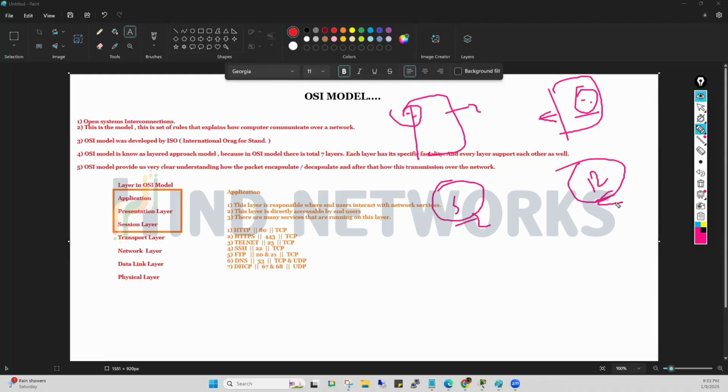TCP is called a reliable protocol, and the reason is that in TCP, whatever packets your device is sending, your device will get an acknowledgement for that packet from the receiver end. So that's the reason TCP is called a reliable protocol, and that's the reason you are saying it must provide integrity. Yes. Clear?